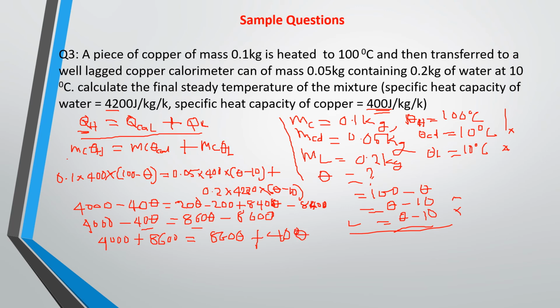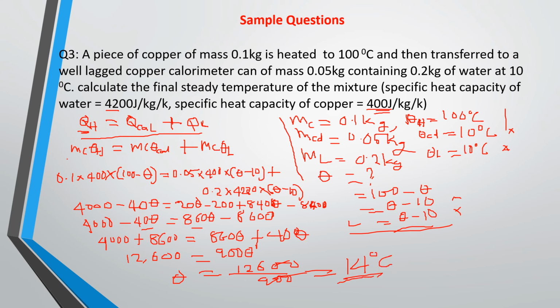So this will give you 12,600 equals 900 theta. So you make your theta the subject of the formula so that you have 12,600 divided by 900. By the time you work this out, cancel this 0, 0, you are going to have 14 degrees centigrade as your final answer.